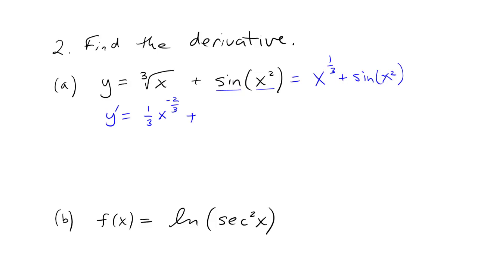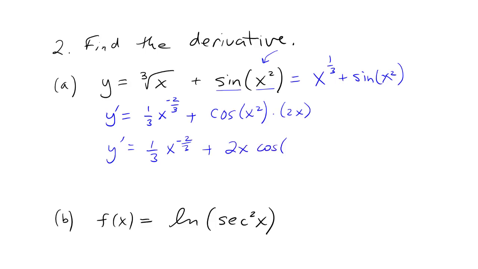So its derivative is cosine of that something, times chain rule says go inside and take the derivative of what was inside, and so I get a 2x. So I have 1/3 x to the minus 2/3 plus 2x times cosine of x squared, just reordering things.